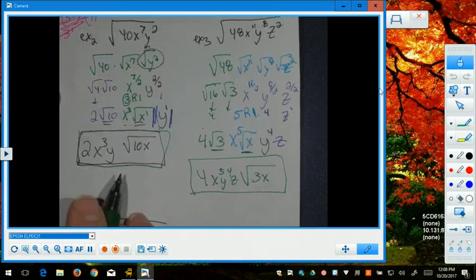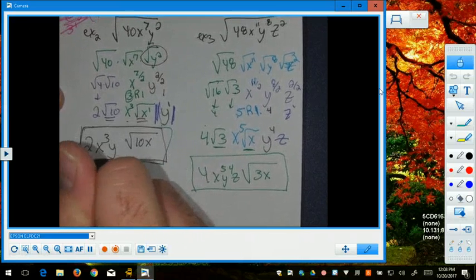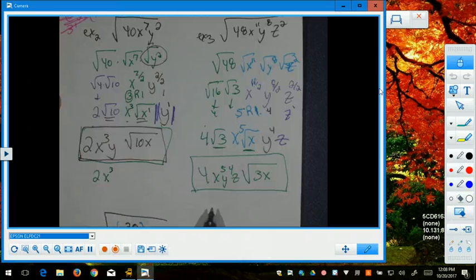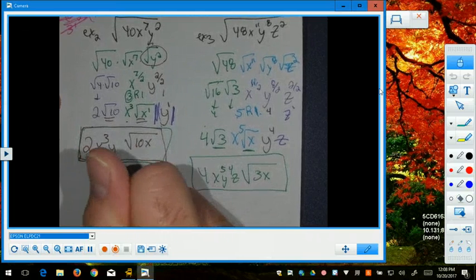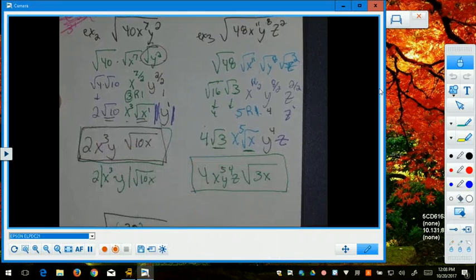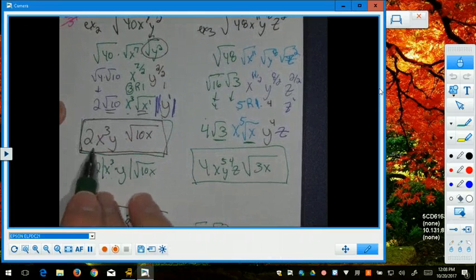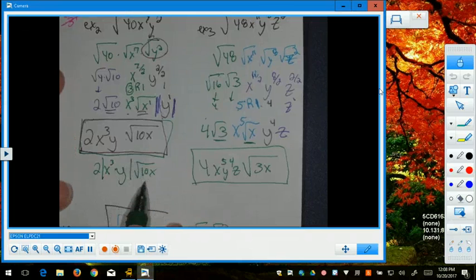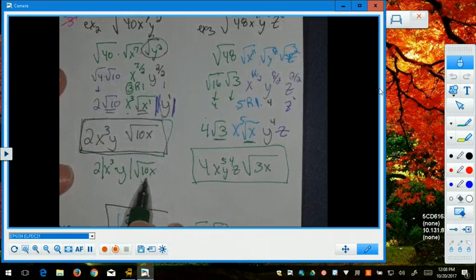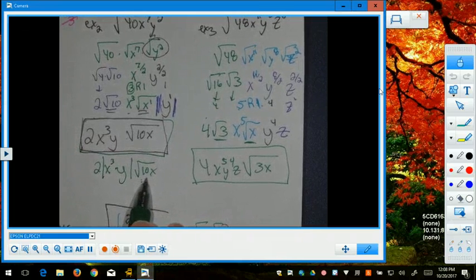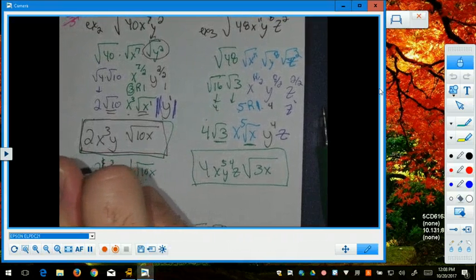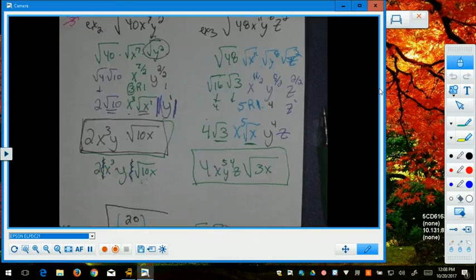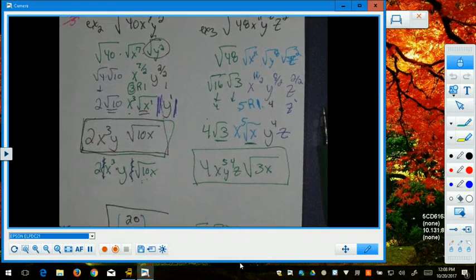So right now, your answer for this, possibly if this were on your sheet, would look like 2 and then the absolute value of x cubed y, and then square roots of 10x. So this, which was the answer we would get, will look like this on your answer key. This is not a problem from the elephant riddle. I'm just telling you that when you're checking to see if you have the answer on the answer key, ignore the absolute value symbols. Hopefully this helps clarify for some of you who might still be struggling.